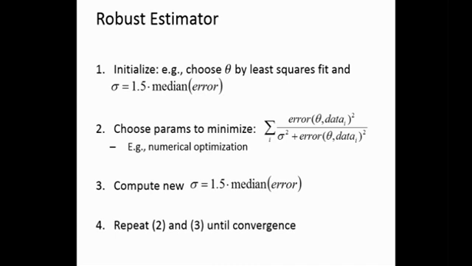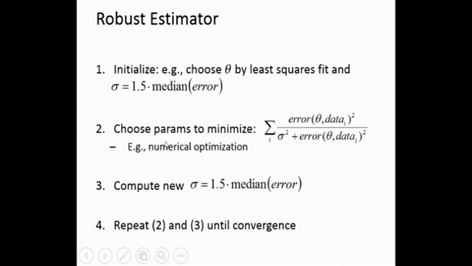And then you say that sigma is 1.5 times the median error. There's actually a reason for that 1.5, I think it's actually 1.49 and a whole bunch of decimals, but unless you're super interested specifically in this function, it's not worth spending a long time explaining, and I don't even remember why it's 1.5.